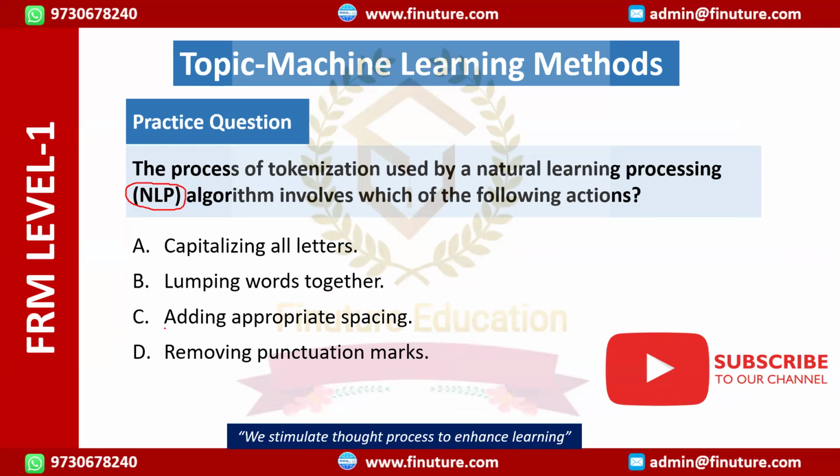Be careful, you may get confused with this. Adding appropriate spacing, absolutely not. It is removal of these spaces. So this is not correct. It might be confusing because eventually tokenization is removing spaces, punctuation, and symbols. So the right option for this question is D, removing punctuation marks.